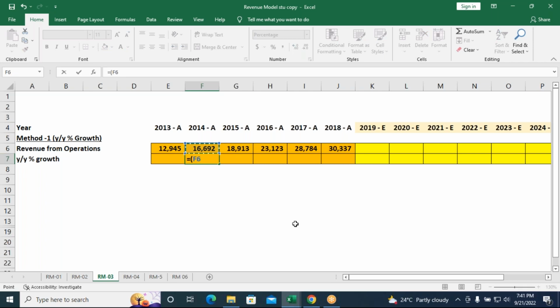Okay, so I have selected the second year revenue, minus the first year revenue. Close the parenthesis. Again, whatever value you get should be divided by the second year revenue. So I'm getting 22%, meaning there is a 22% growth from 2013 to 2014. So I'll just come here, select it and drag.